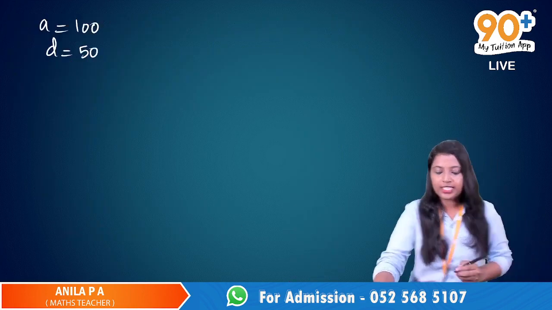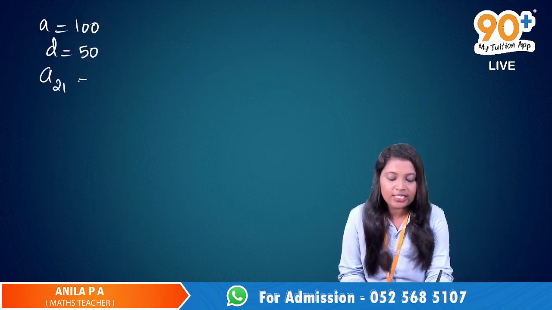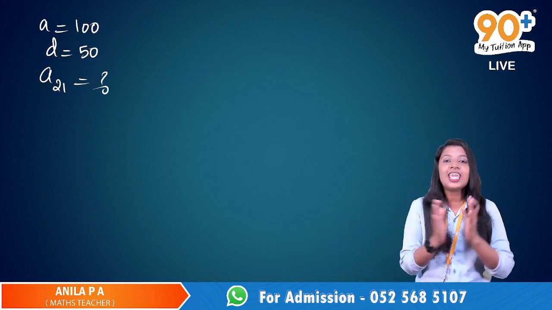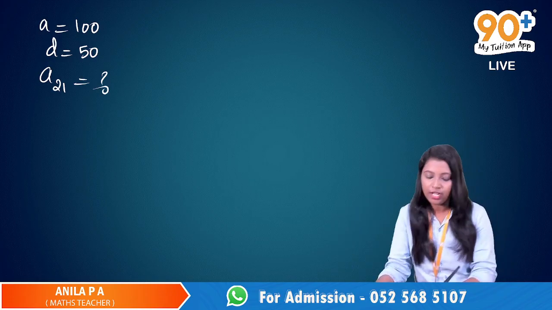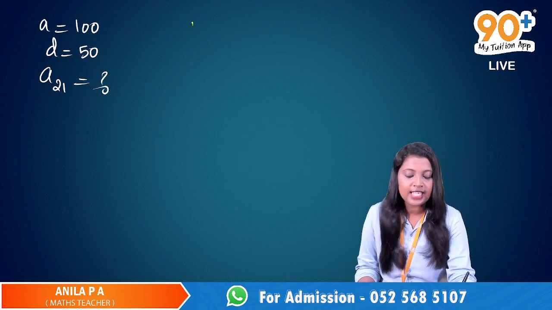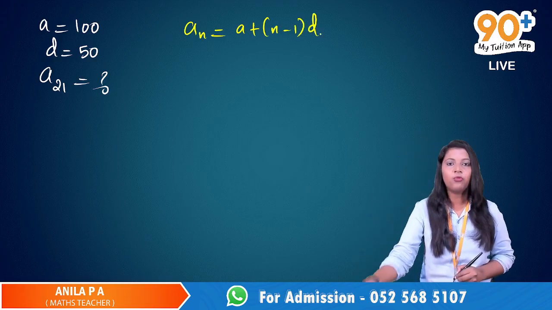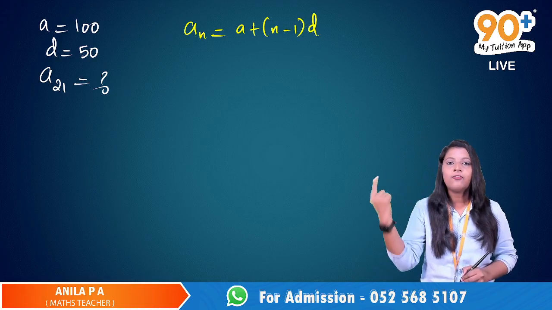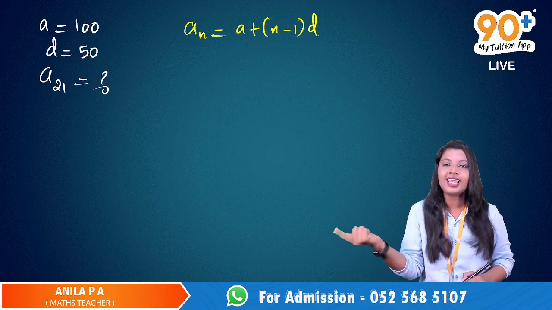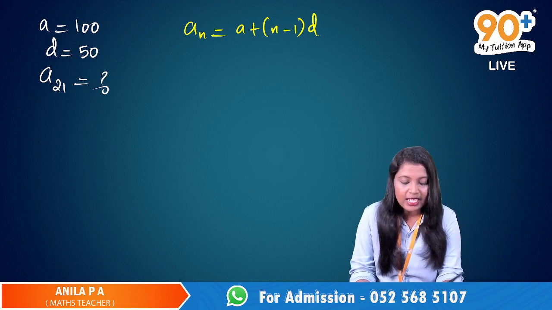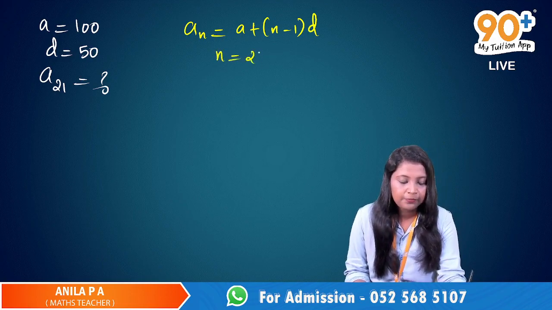So we need to find A21 first. How do we find the nth term of an AP? Here comes the first important equation from this chapter: an is equal to a plus n minus 1 into d. What is this n? Which term are we considering here? We are going to find A21. Therefore, n is equal to 21.